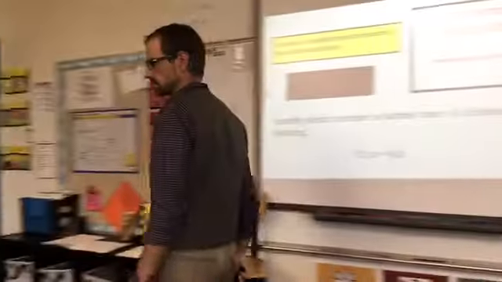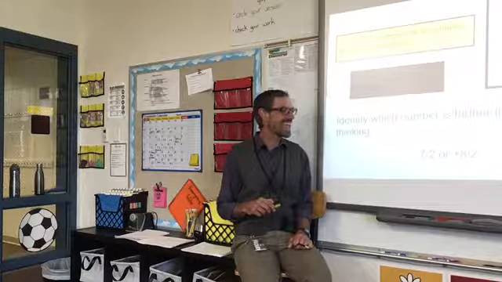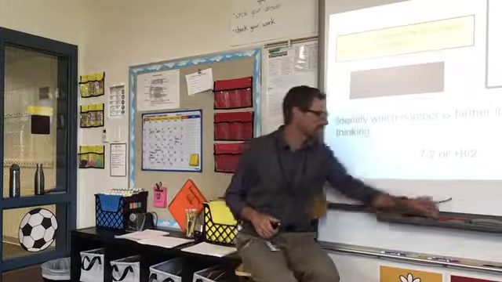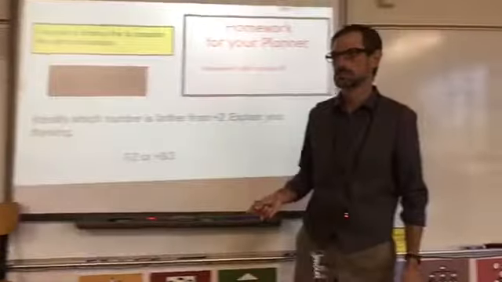Today is Tuesday. Here's the exit ticket. Gavin's working really hard. Identify which number is farther from positive 2. Explain your thinking. Negative 7 halves or 8 halves. Well, what's 8 halves as a number? 4.